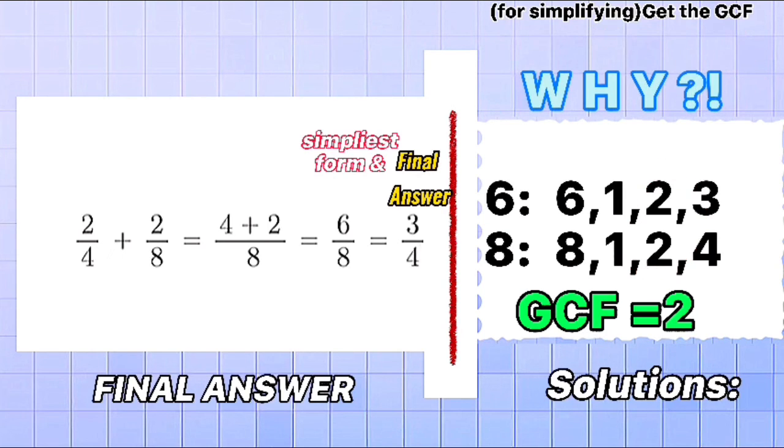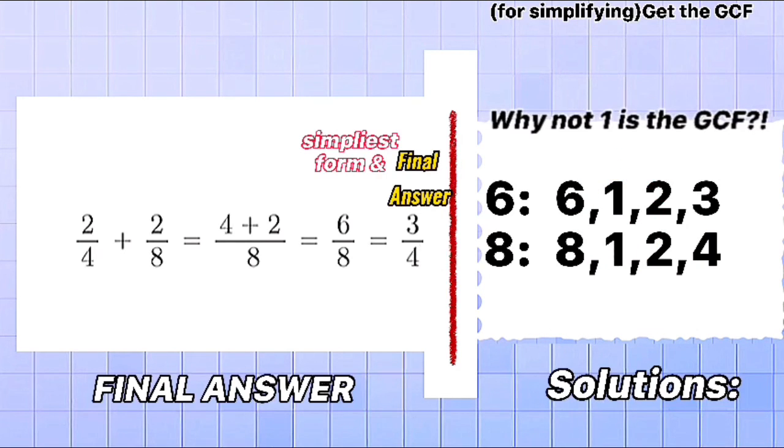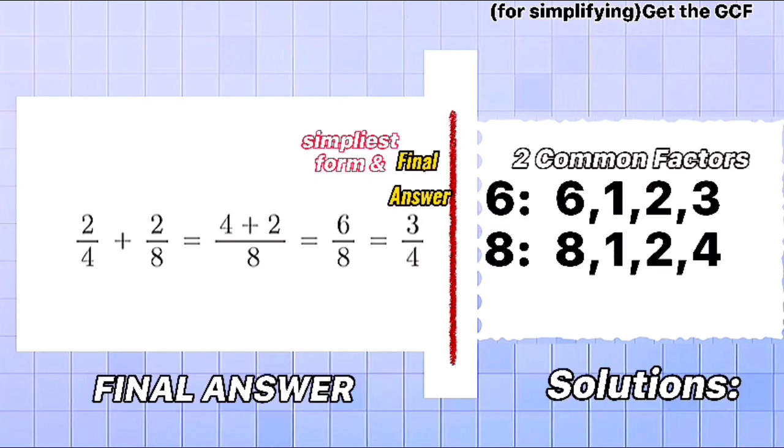Why? 1 is also a factor of 6 and 8. So why is 1 not the GCF? Well, let me explain. If you have noticed, there are two common factors of 6 and 8. These are 1 and 2.